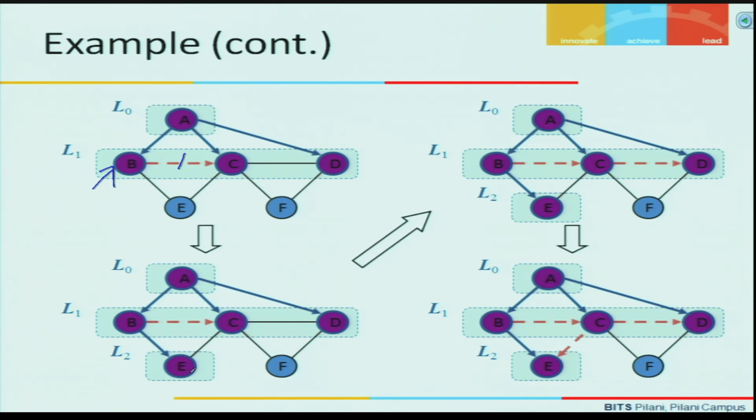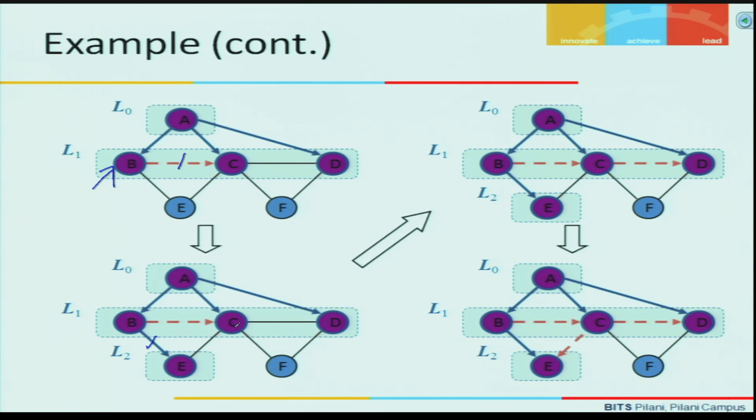Next we go to this and we realize that this is an unexplored vertex. So, mark it and mark this as a discovery edge. Now, there are no more and E is added to L2. There is now no edge incident on B which is unexplored.